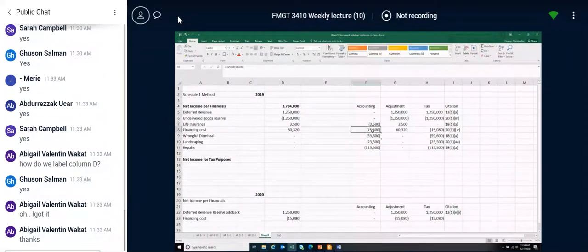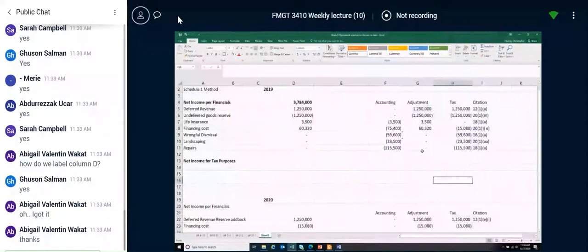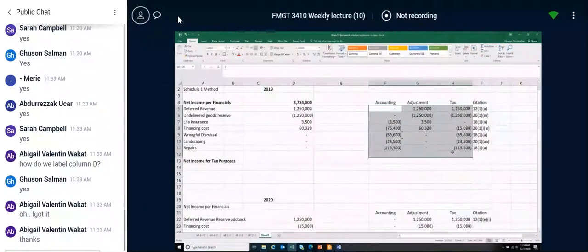Maybe the people who have taken the course before can tell me, do you think showing it this way is helpful to you? Does this table actually help make things more clear?